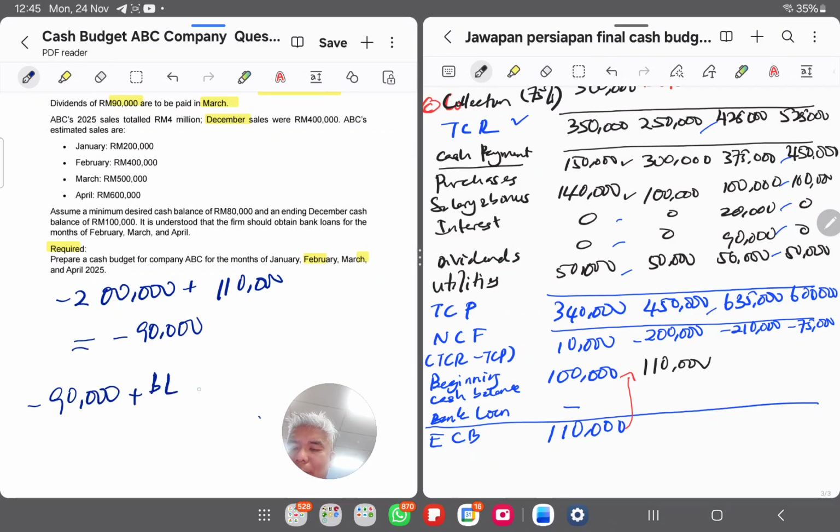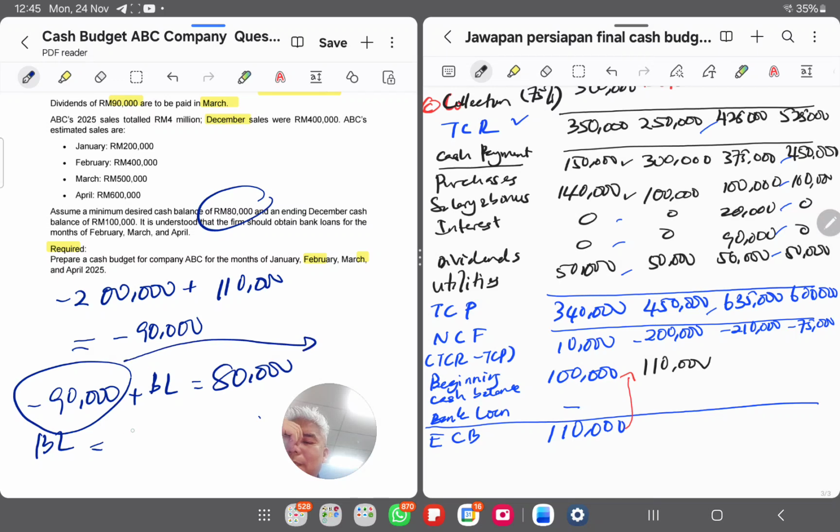Bank loan: you need how much? Bank balance 80,000. You need a bank loan. BL is equal to 80,000 plus 90,000, which is 170,000.